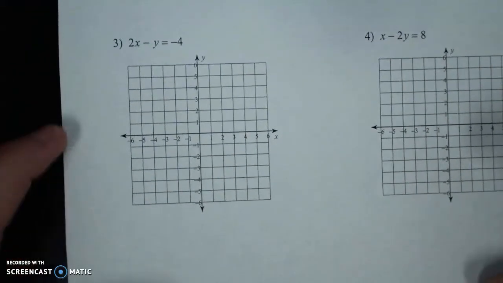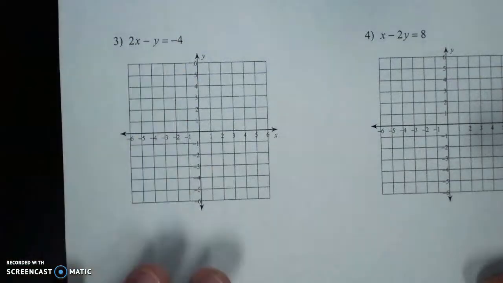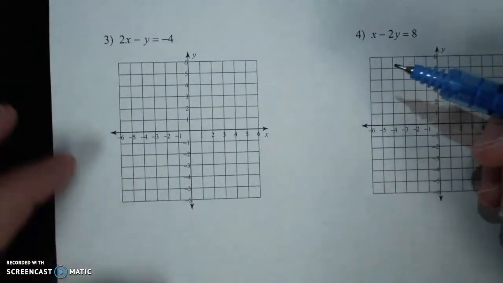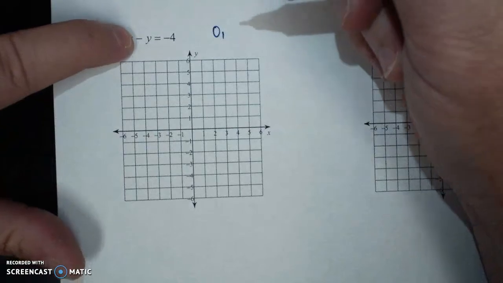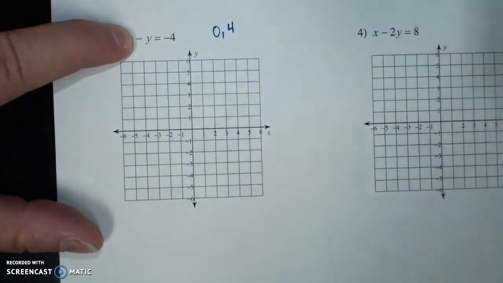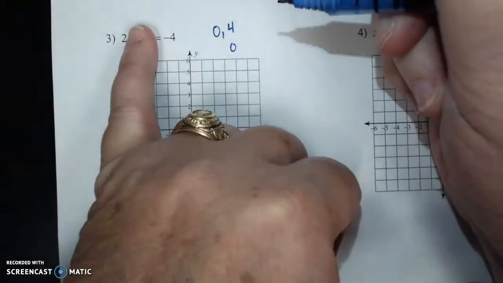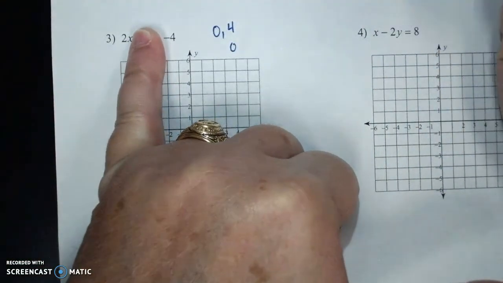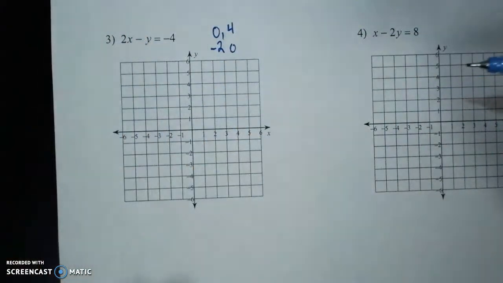I'm looking at this one. My 2 and my -1 are multiples of -4, so this works. I let x equal 0. Therefore, -y equals -4, so y equals 4. I let y equal 0. 2x equals -4, so x is -2.